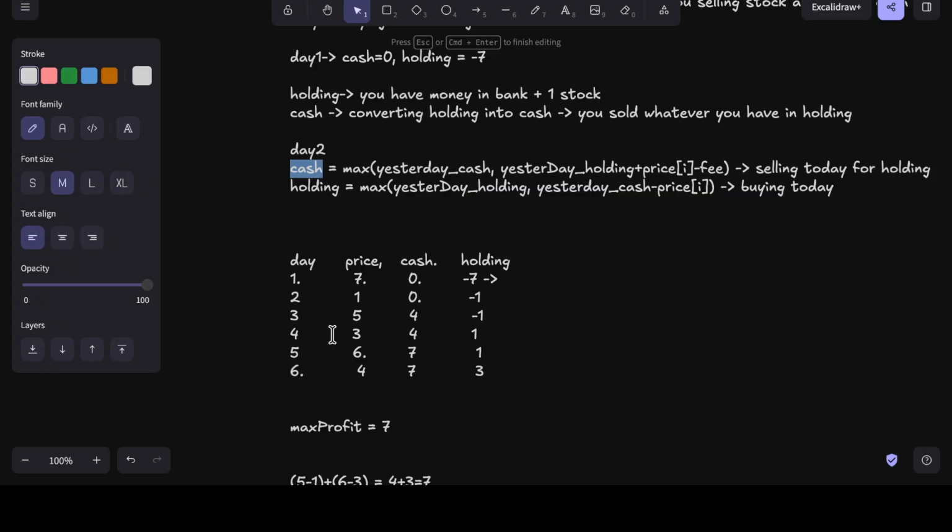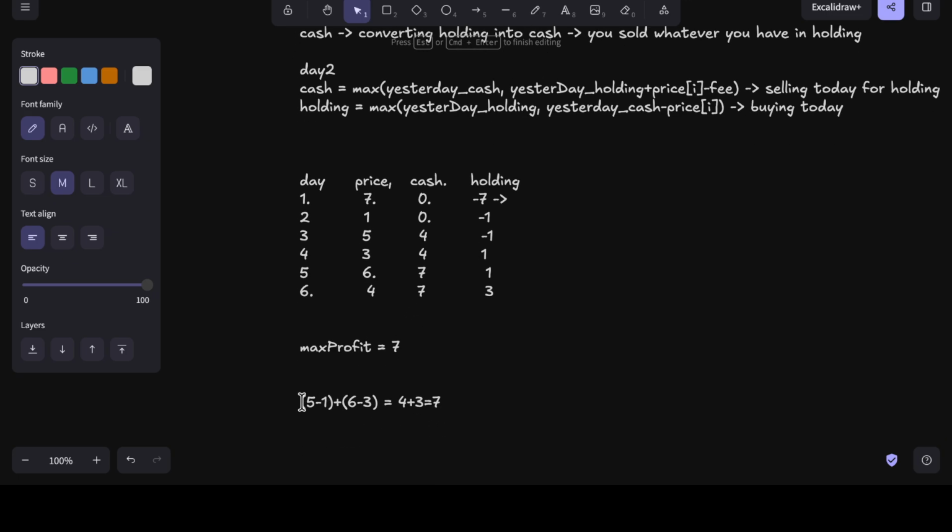Similarly for day 4, you don't make a profit because the price is lower, so you just buy again today, utilizing whatever cash you have in the bank, and try to find the maximum holding. On day 5, whatever you are holding, you sell because the price is higher now, and you make a profit of 7. Similarly, at the end of the last day, you make a profit of 7.